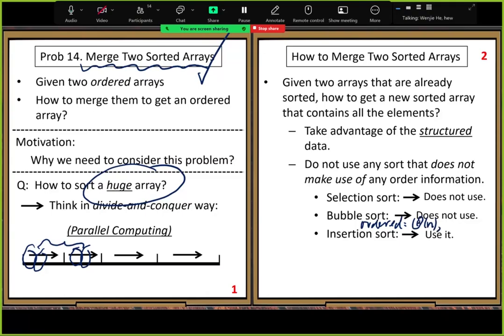If it is unordered, you get big theta of n squared. That's a huge difference. This tells us the insertion sort really takes advantage of ordered data. That means we can borrow the experience from insertion sort and bring it here to solve our current problem.